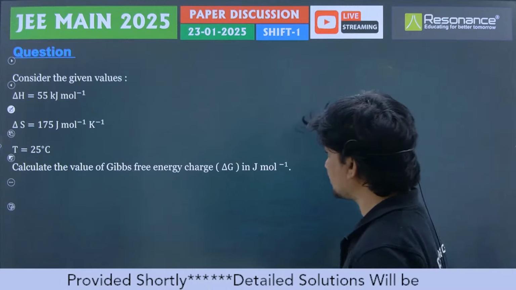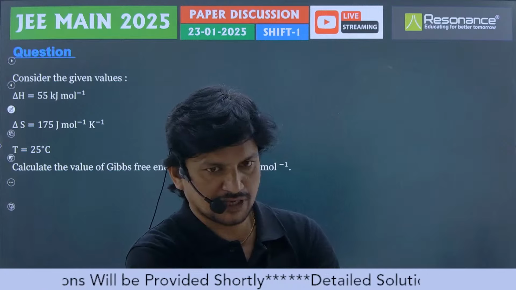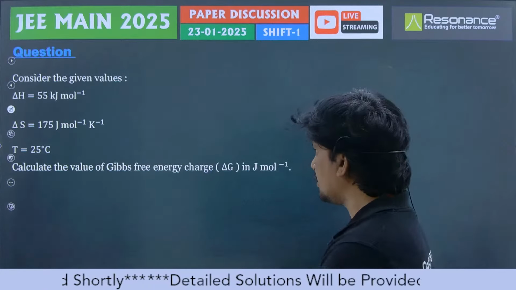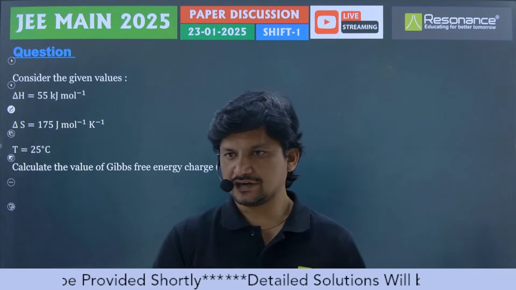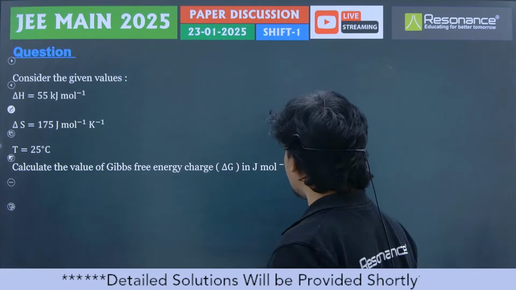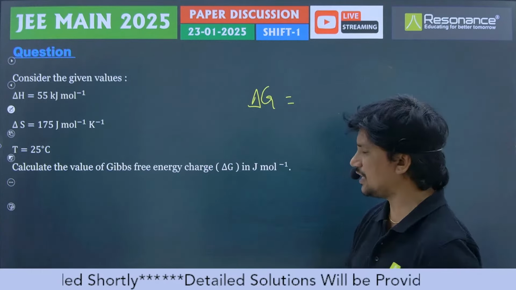Let's move to the next question. It's a very easy basic question they have given. A direct formula-based question from thermodynamics, right? They have given delta H, delta S and temperature, and they asked for the Gibbs free energy. What is the relation between Gibbs free energy and delta H and delta S?